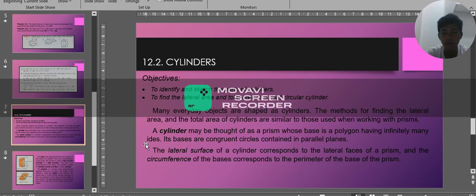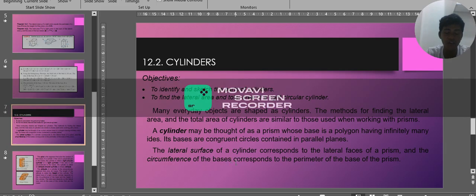When we say infinitely many sides, the only figure that comes to mind is a circle, because a circle, by definition, is a polygon having infinitely many sides. That's the definition of a circle. However, we don't know how many sides. It consists of infinitely many.